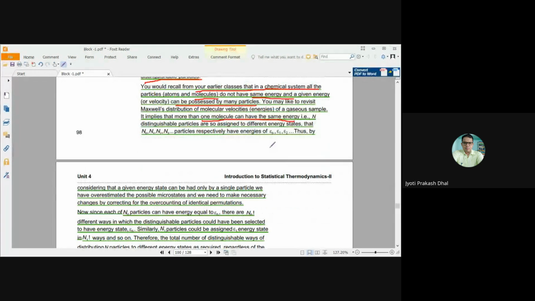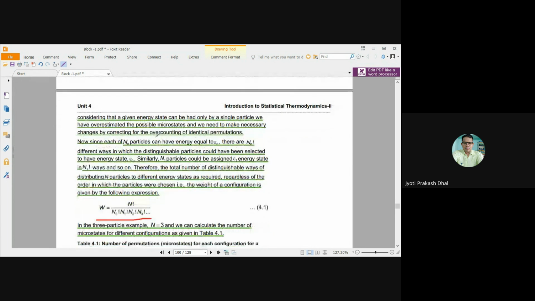So, n distinguishable particles are assigned to different energy states such that N0, N1, N2, N3 particles respectively have energies epsilon 0, epsilon 1, epsilon 2, and so on. By considering that a given energy state can be had only by a single particle, we have overestimated the possible microstates.